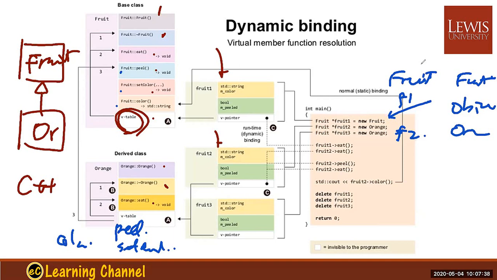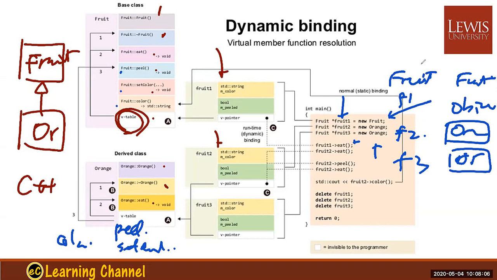Flu three is also an orange object, and also a flu pointer. So all three of them are flu pointers. A flu pointer means these pointers need to behave like a pointer for the flu class, but their objects in reality are different.